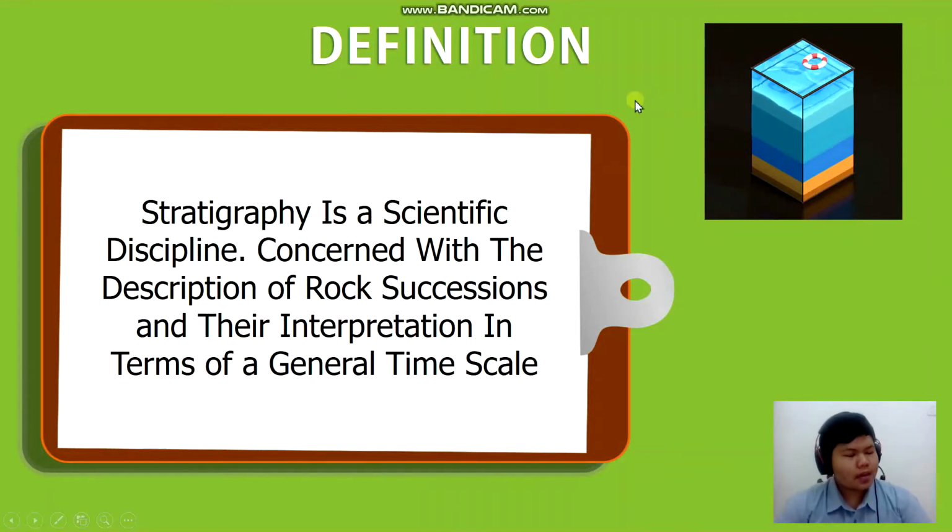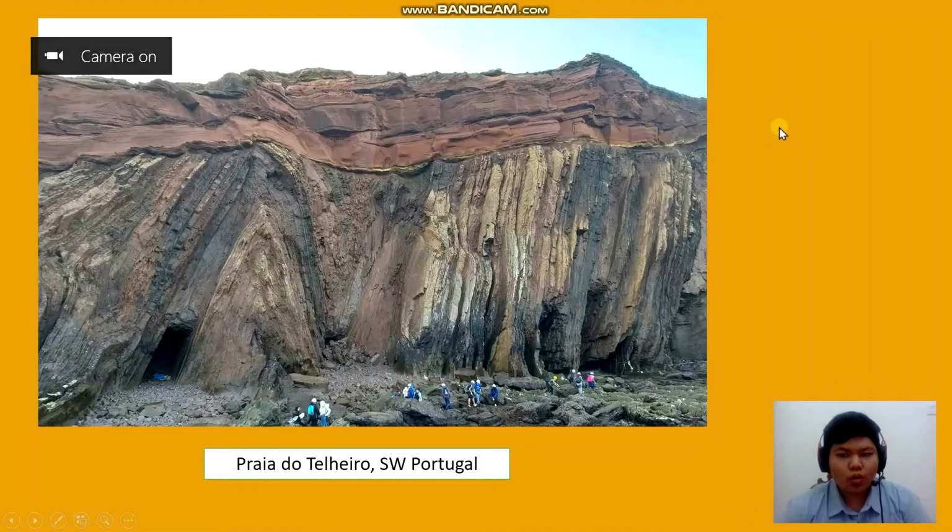By understanding the knowledge of stratigraphy, we can determine the relative age of the layer of the rock. Other than that, we can also know how the deformation such as folding and bending of the rock layer or strata formed. So this is a very good example for understanding.